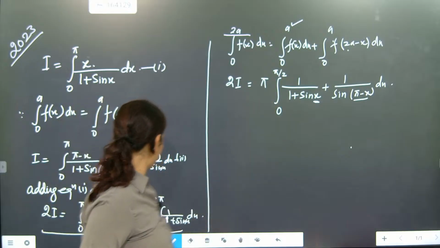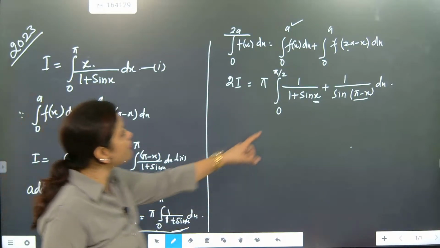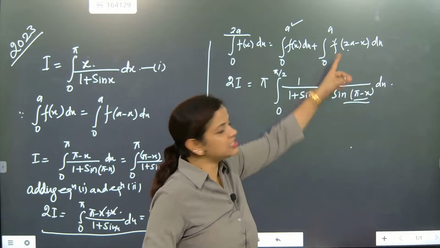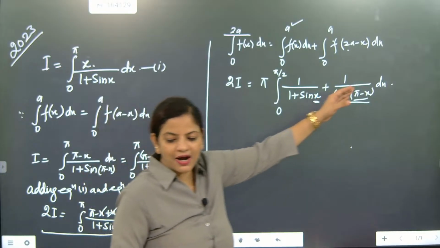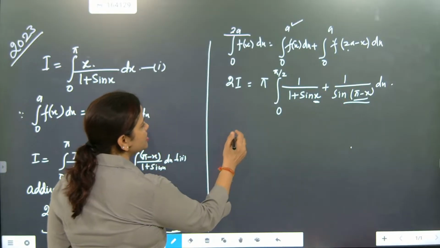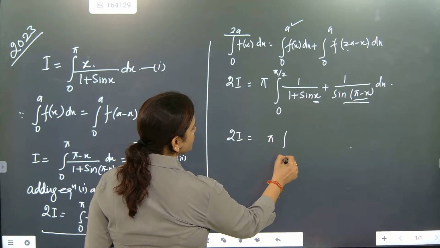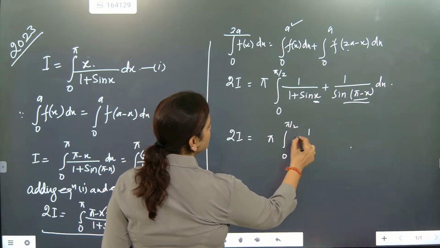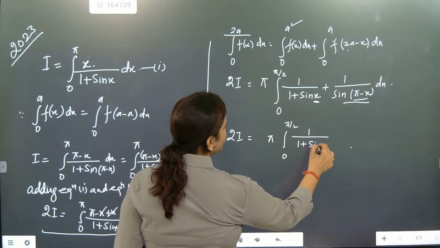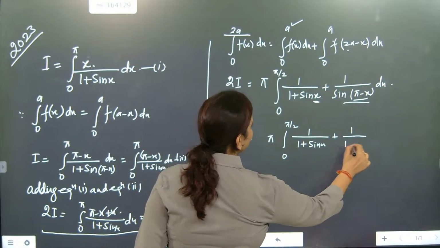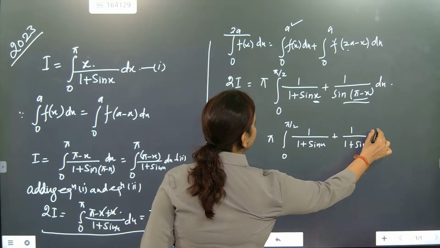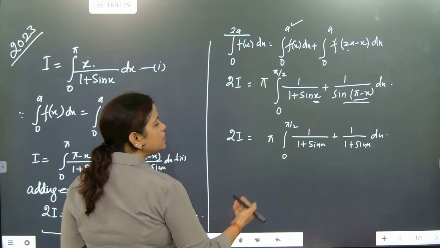F of x means this section stays the same. F of pi minus x means this part is coming. Now, beta, when we merge it, it is coming 2I is equal to pi, 0 to pi by 2, 1 by 1 plus sin x plus 1 by 1 plus sin x dx. Now this is two times addition.